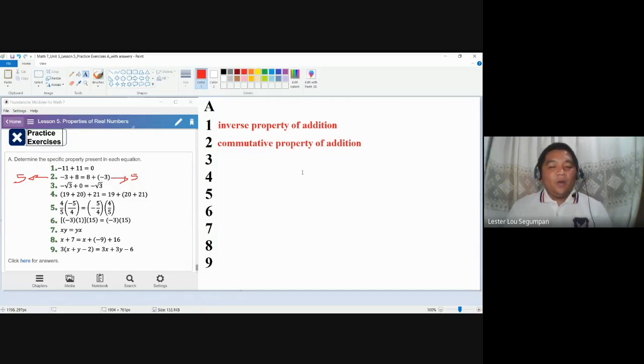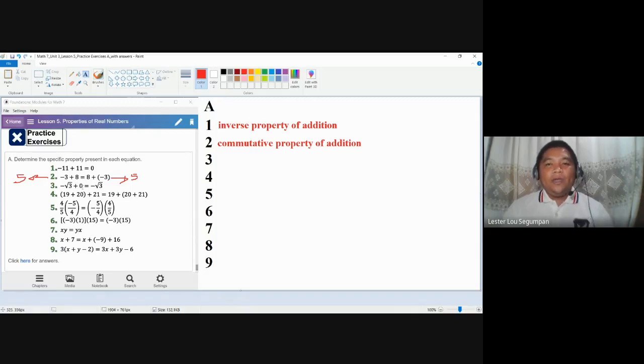Number 3, we have here the value of negative square root of 3 plus 0. Do not estimate the value of the irrational number. We are just simply talking about the presence of a specific property. We found here that the negative square root of 3 is added to 0, and the result is still the negative square root of 3.